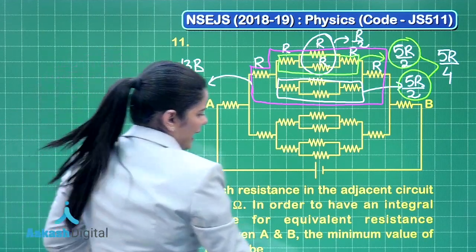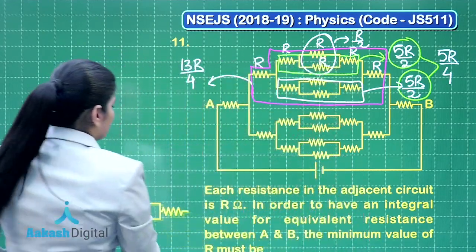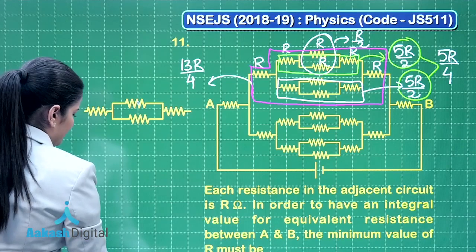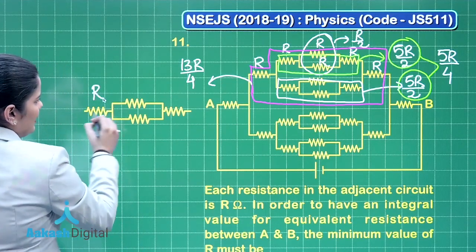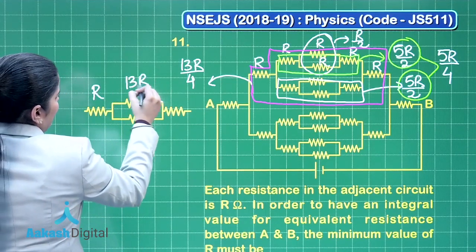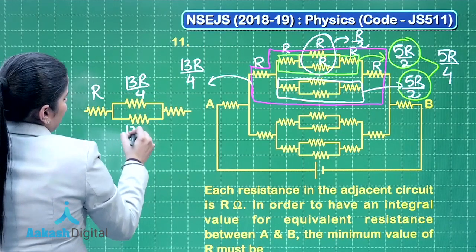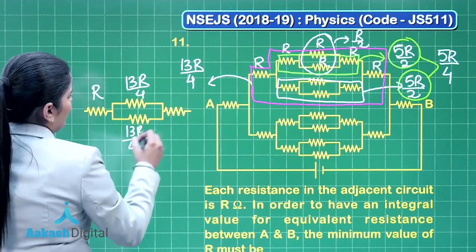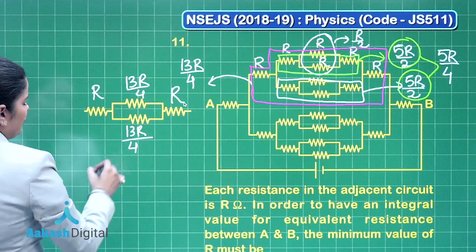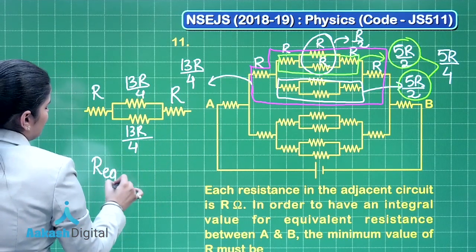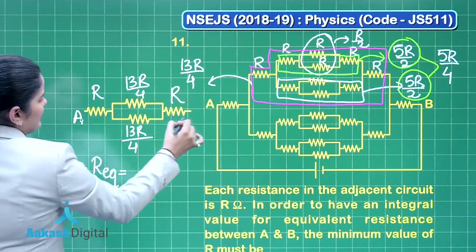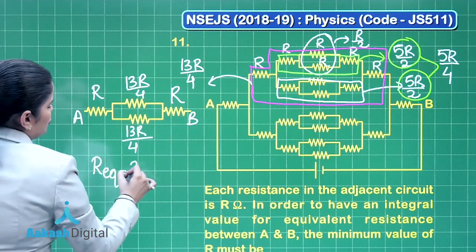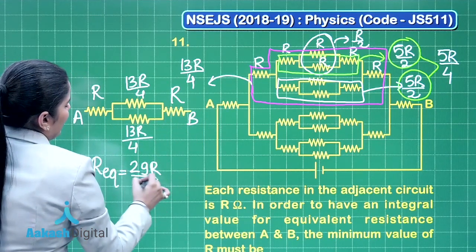So, here you can have a look at this simplified version. Here you have this resistance as R, this is 13R by 4, this is also 13R by 4, and this is also R. When you calculate the equivalent resistance between these 2 points A and B, it will come out to be 29R by 8.